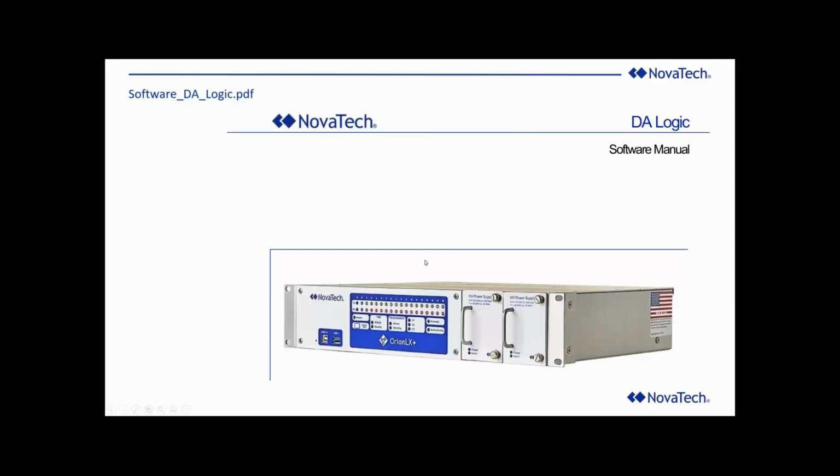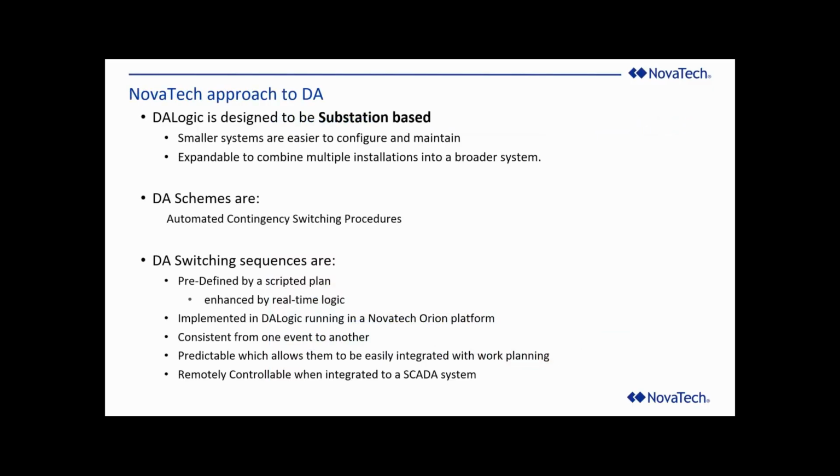Okay, we're going to be talking about the DA logic now, jumping right into NCD. Everything that you need to know about configuring the DA logic is in the software manual, a document you can get to from NCD using the link under Help to go to documents. By design, DA logic was intended to be substation based.